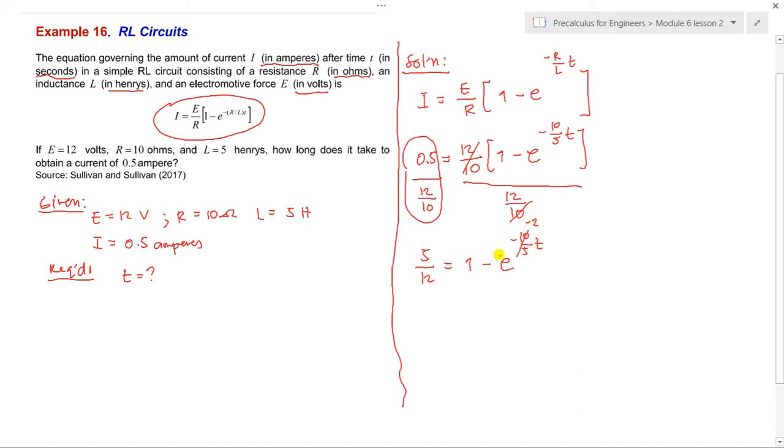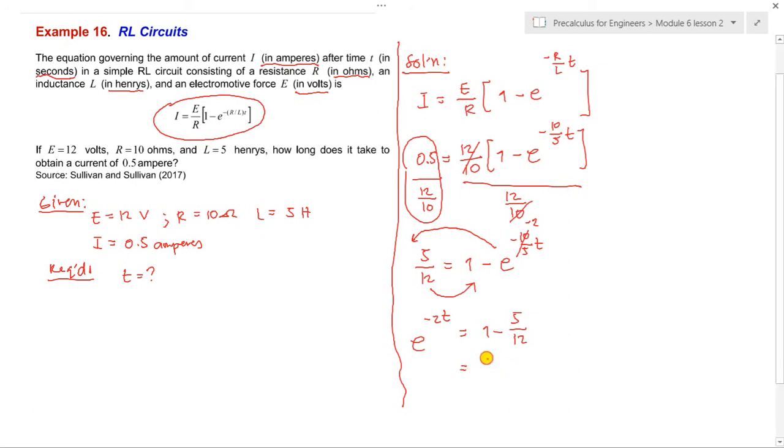Since the e term is negative and the variable t is in it, we transpose it to the other side to make it positive, and 5 over 12 goes to the other side with 1. So it becomes e raised to negative 2t equals 1 minus 5 over 12. Simplifying, that is 7 over 12.